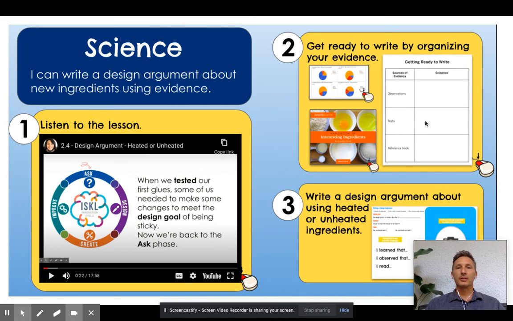So you have your design argument. How are you going to set up your thinking to explain? There is also a chart there. If you put in all of your sticky test results of the different ingredients, there's a really nice chart from all the second graders that you can see.